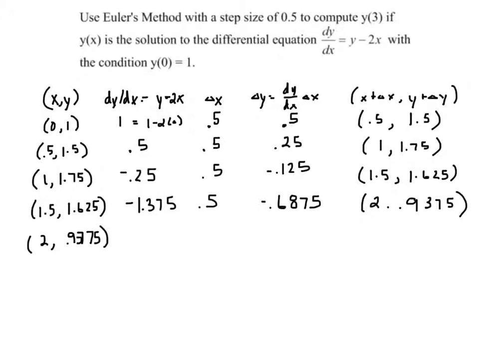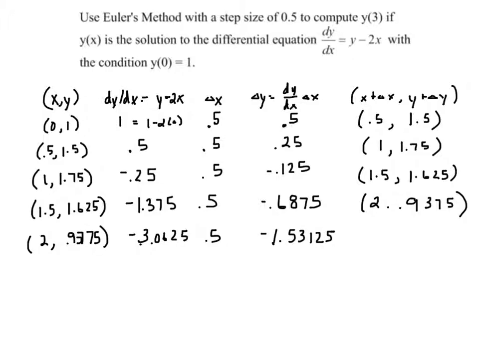Okay, so 0.9375 minus 2 times 2, so negative 3.0625. This continues to be 0.5. So this is negative 1.53125.